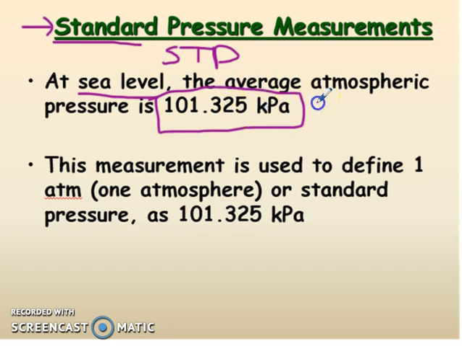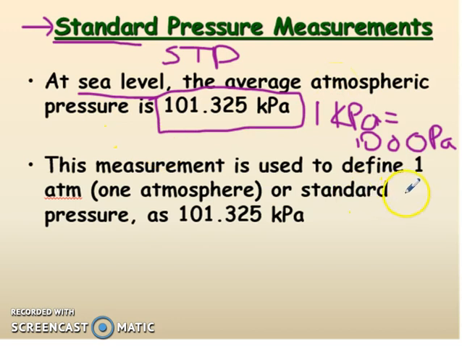So remember, we're dealing with pascals, so 1 kilopascal is equal to 1,000 pascals. Because pascals are quite small, we usually deal with kilopascal rather than pascal. So this measurement is used to define what 1 atmosphere is.